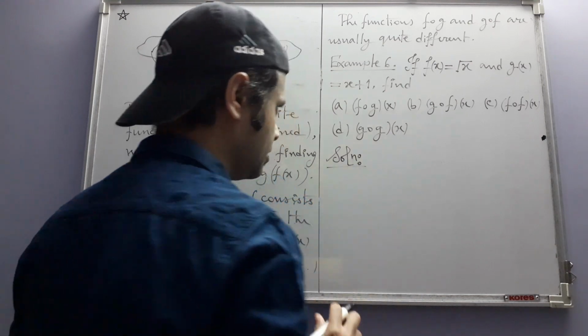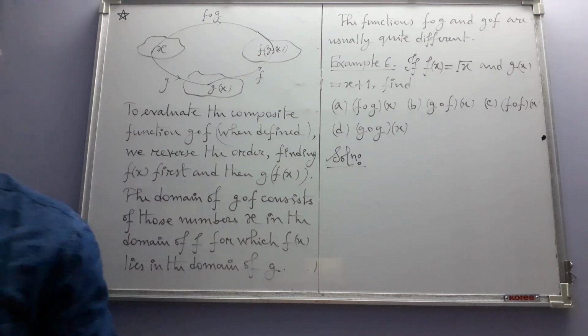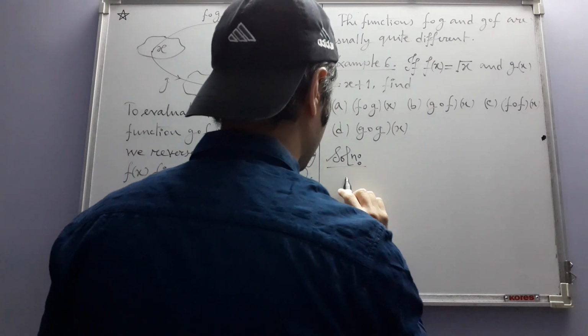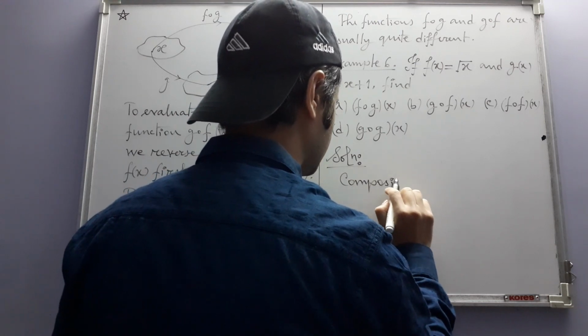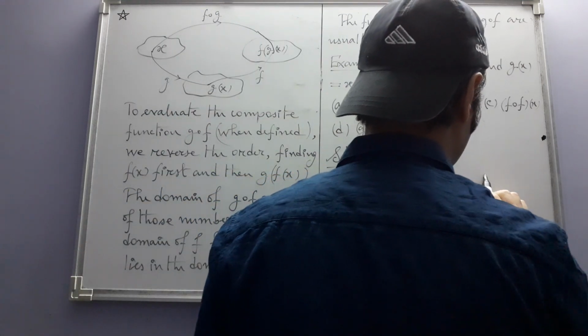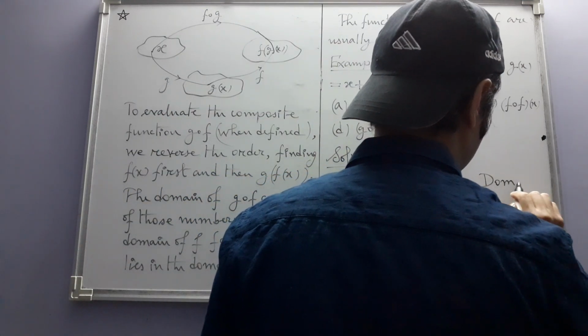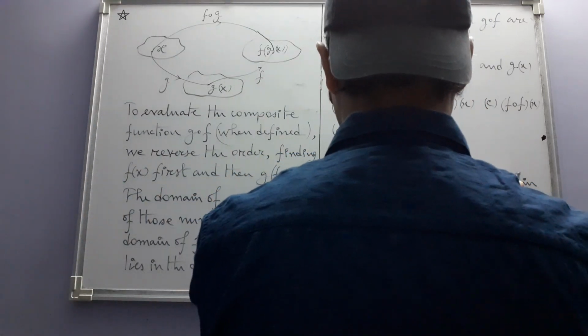In the text it's given as a table, so we will also do that. The composite functions appear in this column, and their respective domains appear in the second column.